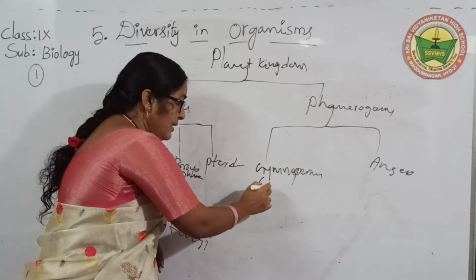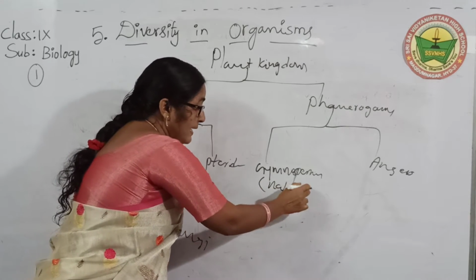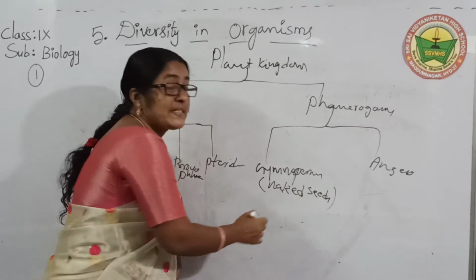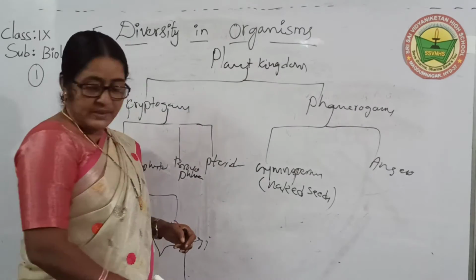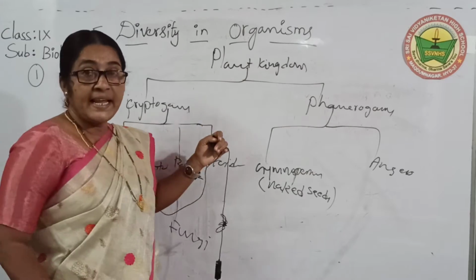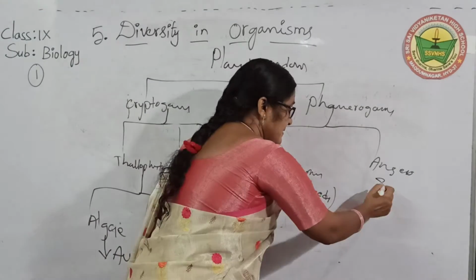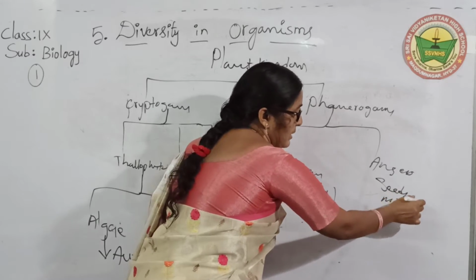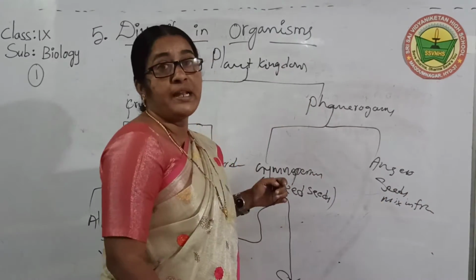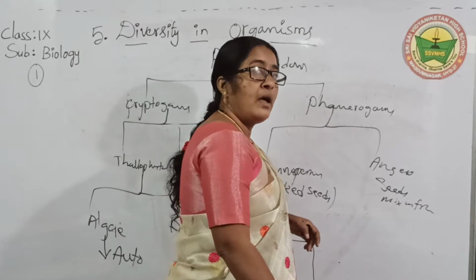Angiosperms are those with seeds inside fruit. For example, there are so many: kiwi fruit, banana, and the like.